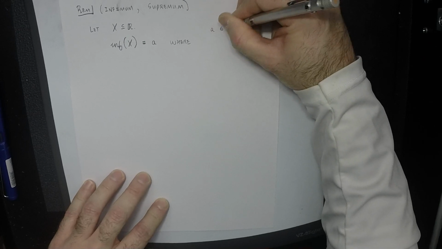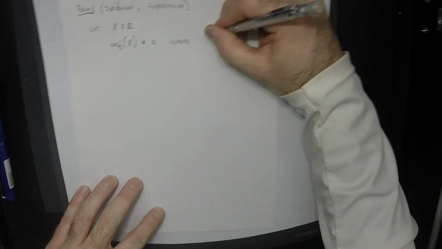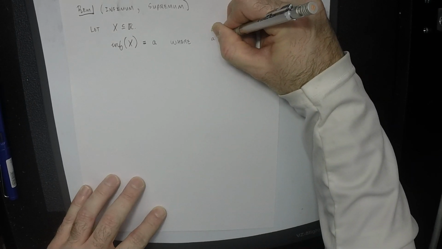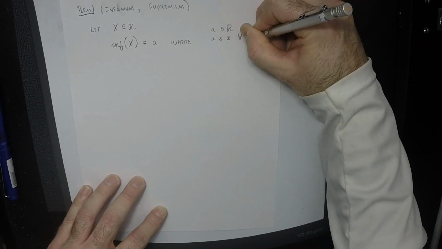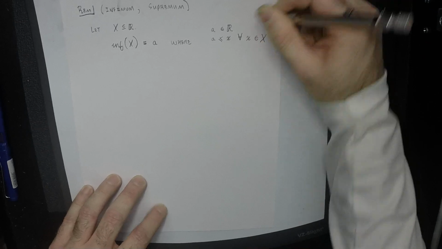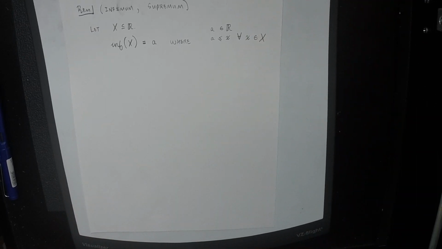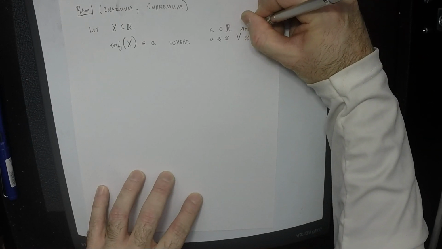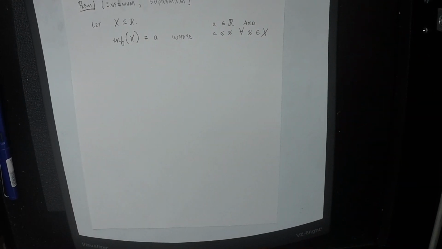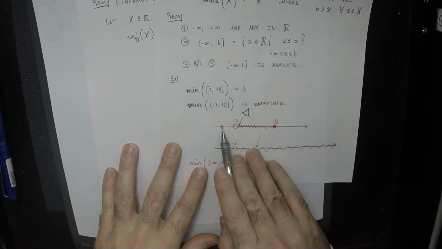So where A is a real number, and A is less or equal to little x for all x in big X. But that's not all, because right now, this point would satisfy.